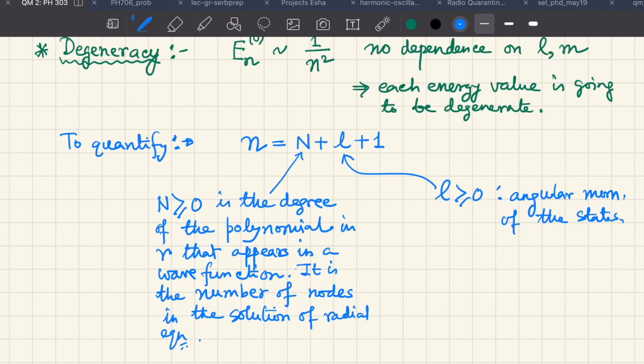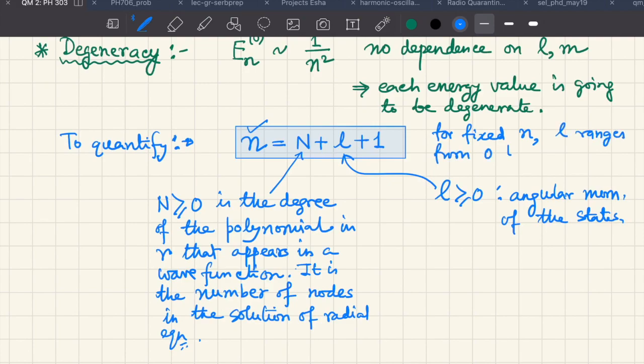And this equation tells us that if we fix the value of n, you can see by looking at this expression, L ranges from 0 to n minus 1.